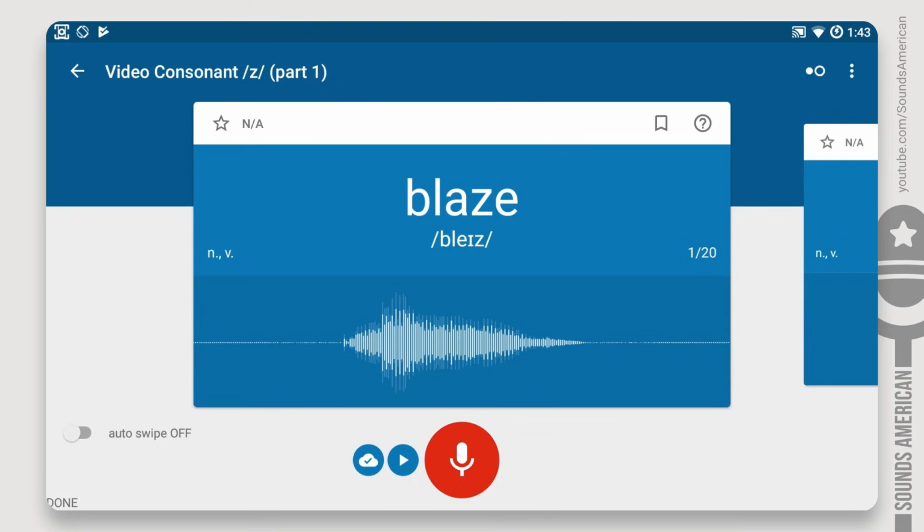Let's start with words in which the z sound is represented by the letter z.